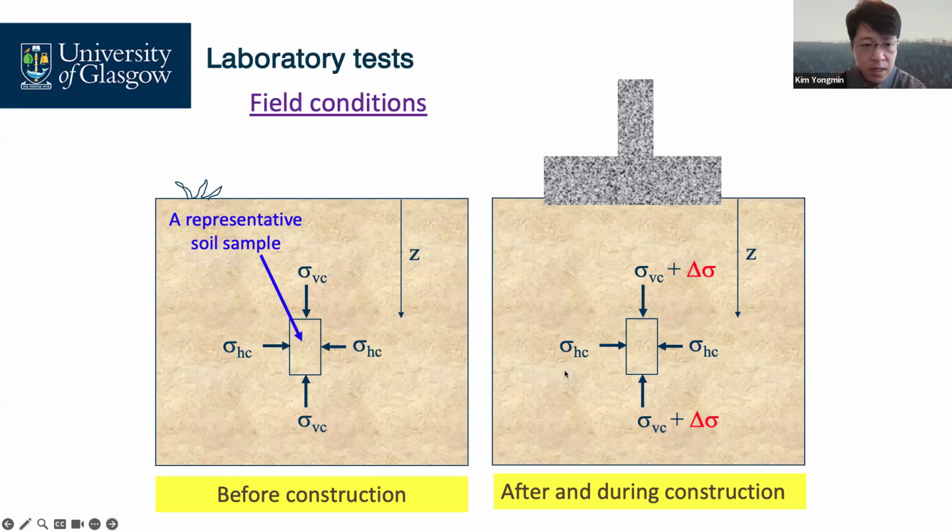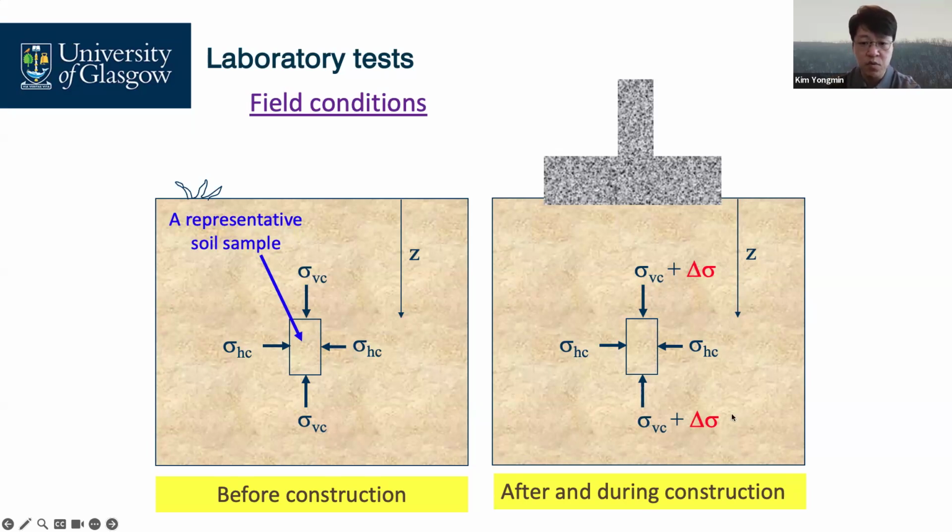And then after construction, we need to figure out the soil's condition of these soil elements under certain loading conditions. It means that these stress conditions must be exactly simulated in our laboratory. What has happened in the soil under such loading conditions?